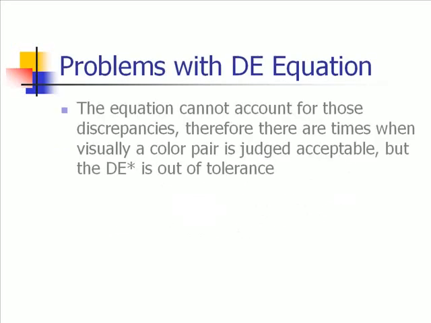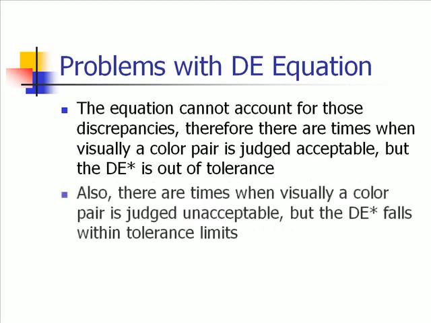Also, there are times when visually a color pair is judged unacceptable, but the delta E falls within tolerance. So it gives you the wrong decision. Visually, you say it matches, numerically, you say it doesn't. Or visually, you say no good, but the numbers say it's okay. In either case, the number tolerance, the delta E, doesn't agree with visual evaluation.